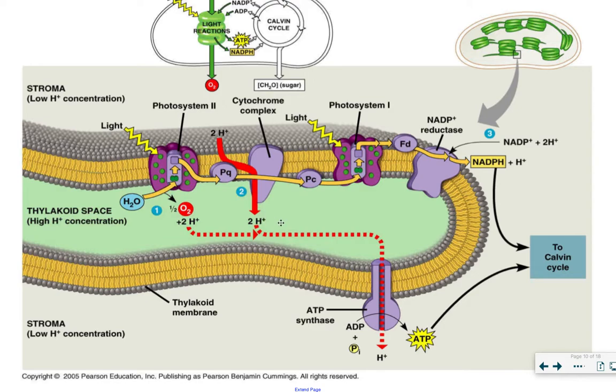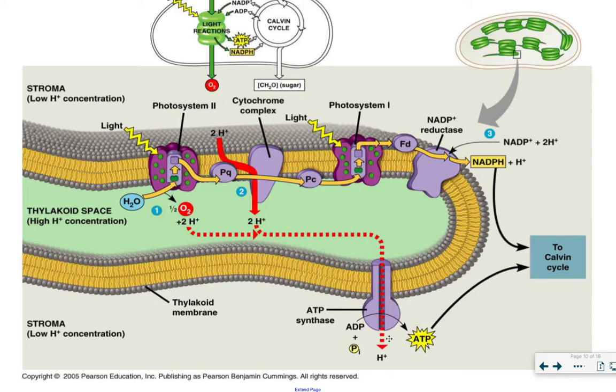So the H+ is coming in from the cytochrome complex, and the H+ left over from the splitting of water will fill the thylakoid lumen and passively diffuse through ATP synthase, spinning it and opening up the active sites for ADP and inorganic phosphate to bind. That then will generate the ATP.